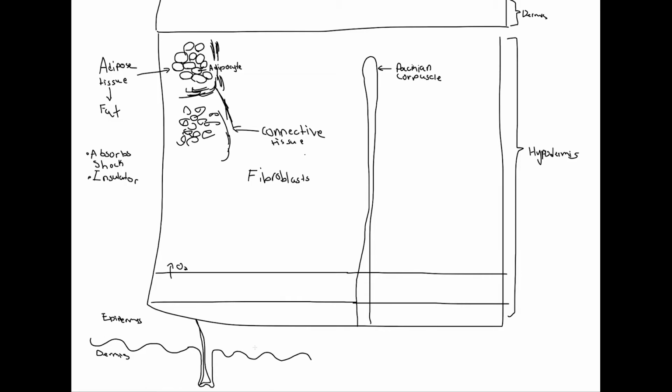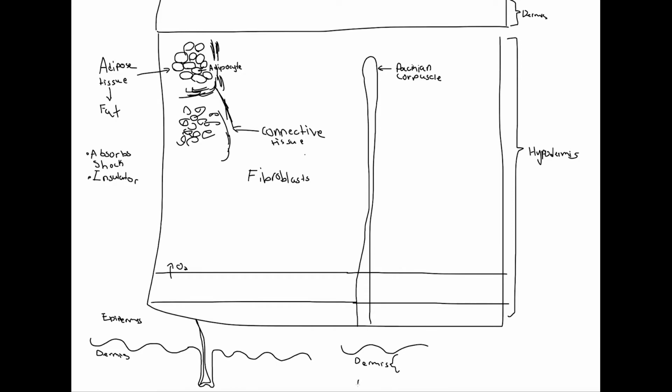So the same thing will happen, except when this junction comes down, it will just continue on into the hypodermis. So it will sort of just come into the hypodermis. So if I draw it like this, if this is the dermis, I'll just say it's like this area.